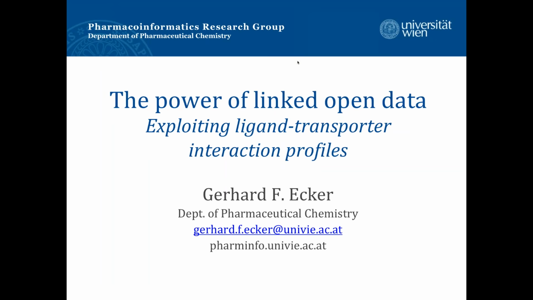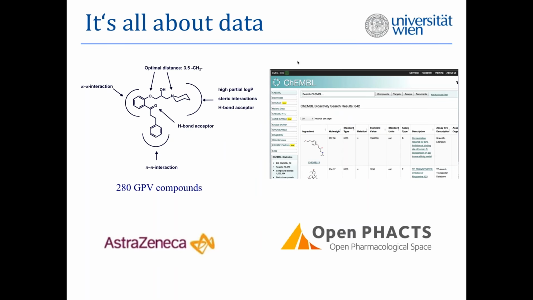So the topic I would like to focus on is open data, linked open data, and how we exploit them in ligand-transporter interaction profiles. So it will be about data coming from different types of domains.